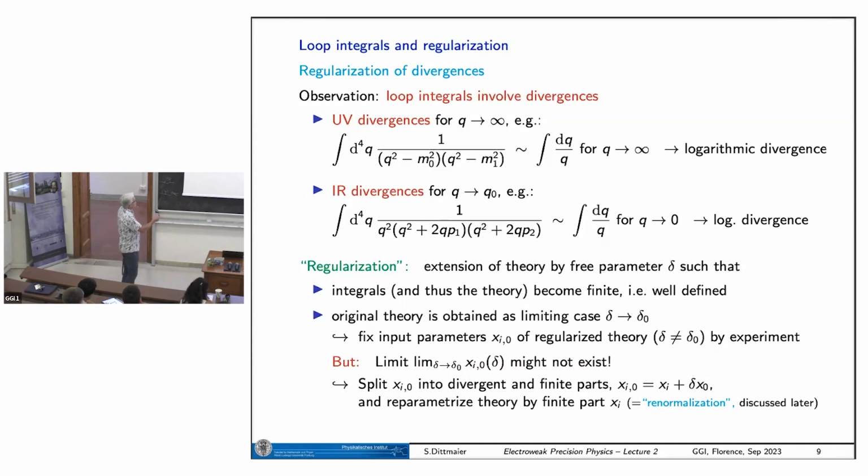Infrared divergence, for example, you can see in this kind of integral here, which looks like a diagram of this kind here. I have basically some integration momentum q here. Maybe some P1 goes in there and some P2 goes out there.